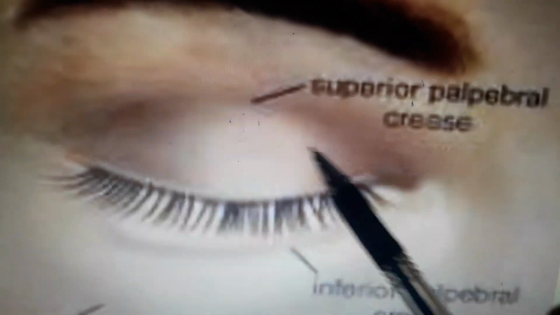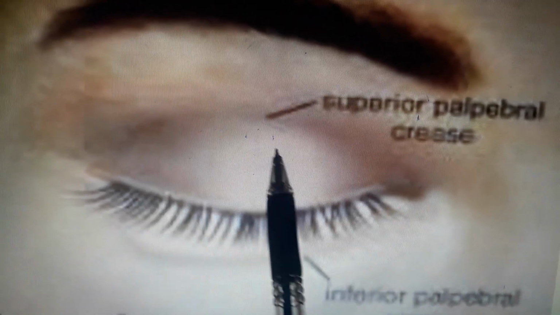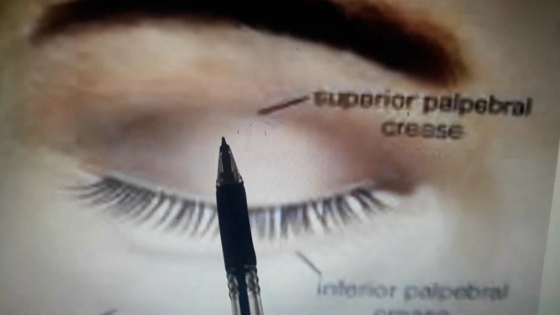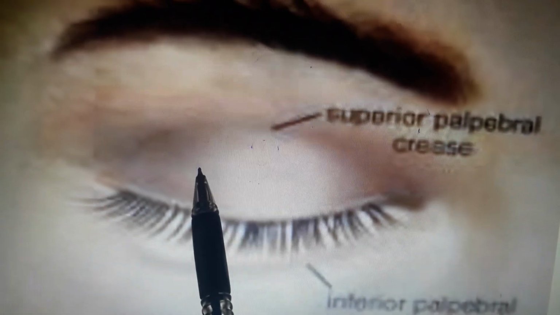This crease is very important. If a patient has no crease, then there is a disorder in the LPS which causes ptosis of the eye. In congenital ptosis, the upper lid crease is absent.